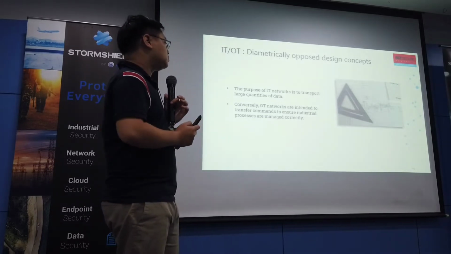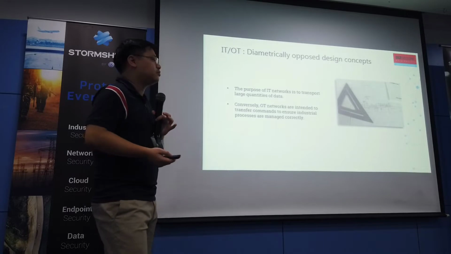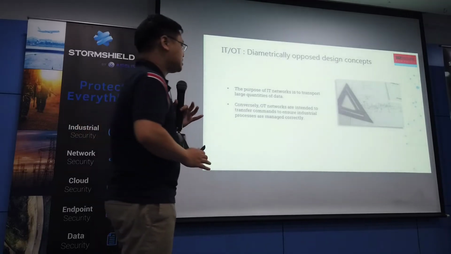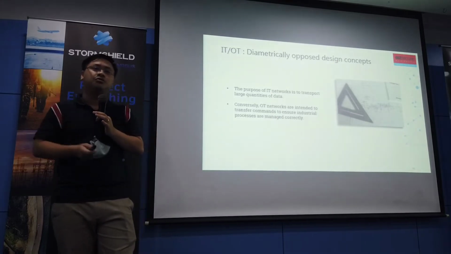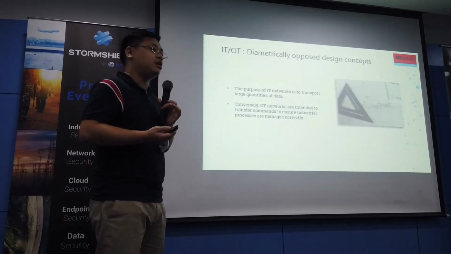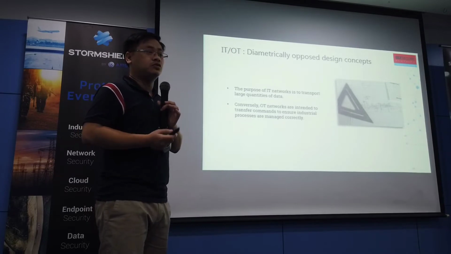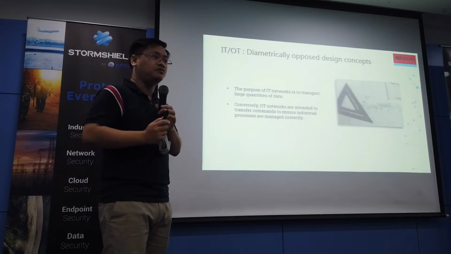In OT, the difference is that you don't have all that, or very much less. What goes through OT networks? Usually what you have are commands. Goes up, goes down, right, left, on, off.